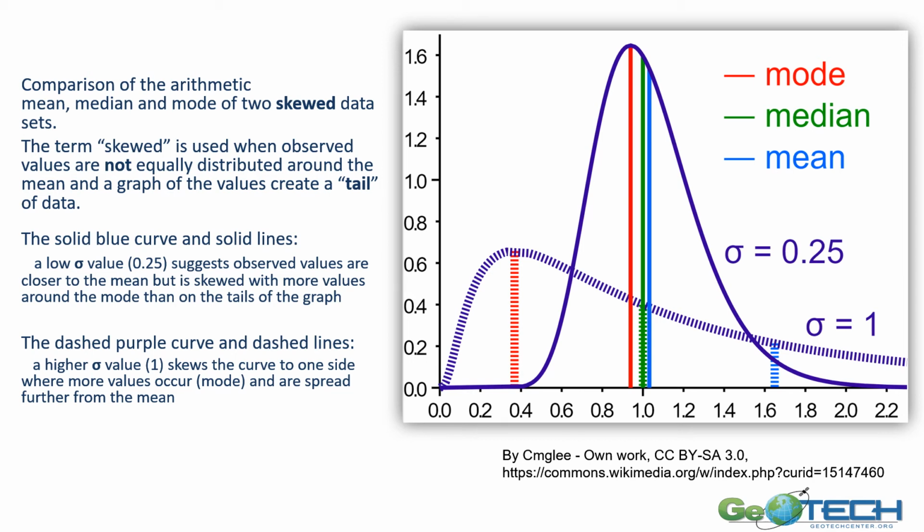On this particular one, the solid blue curve has a very low sigma of 0.25, which suggests the observed values are closer to the mean, but are still skewed a bit. The dashed purple curve is really skewed, right? It really shows that the mode occurs on one side, the mean is in the tail on the other side, and I can see my data is really skewed.